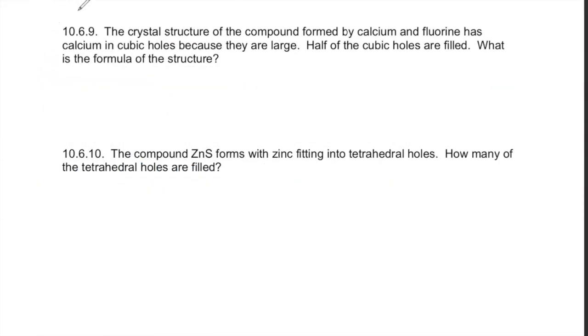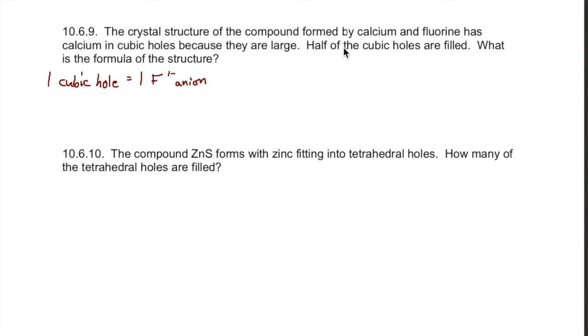So here we have an example of a simple cubic cell that has cubic holes, because the cation is relatively large. Fluorine is such a small anion that calcium is a little bit large. And so that structure has a cubic hole for every 1 anion.